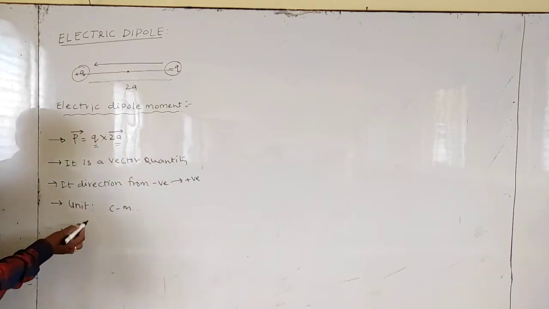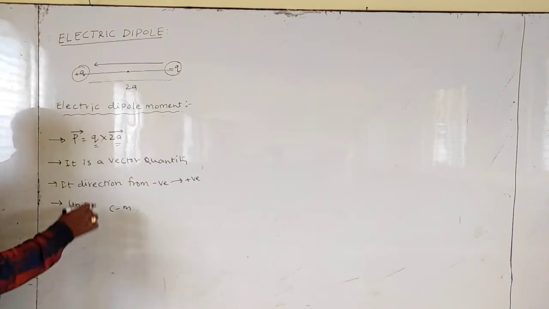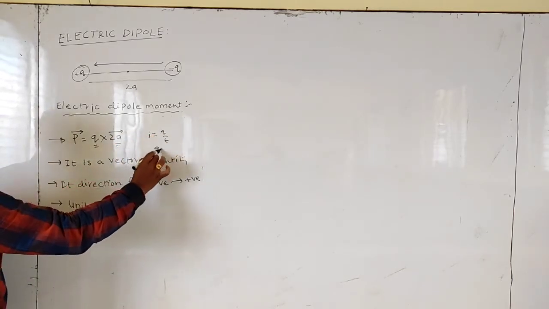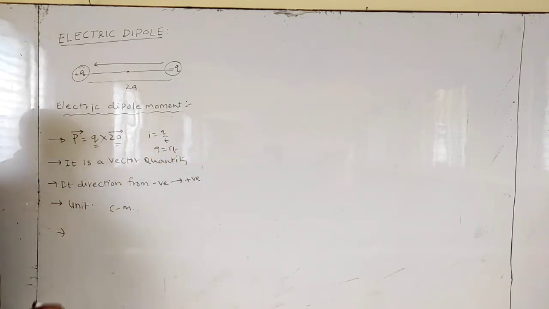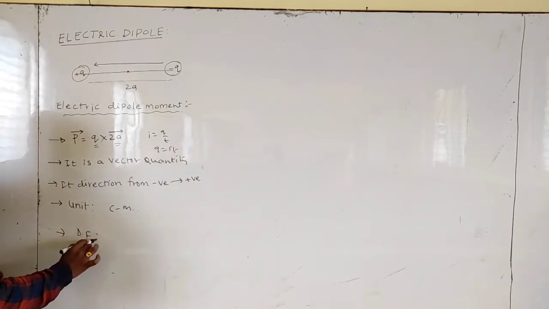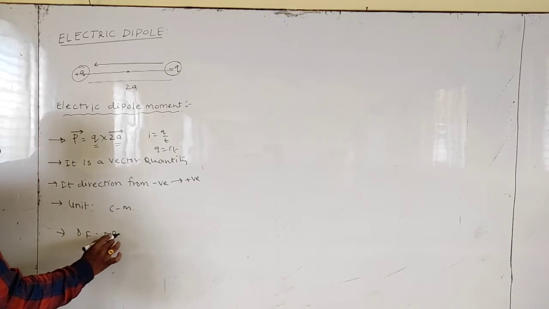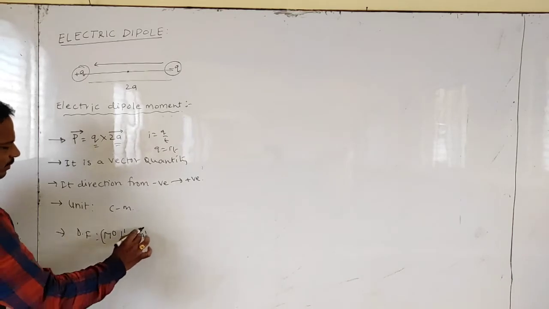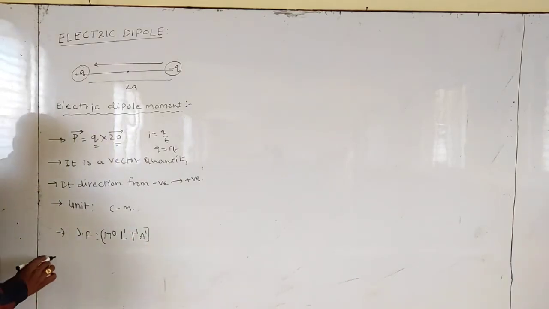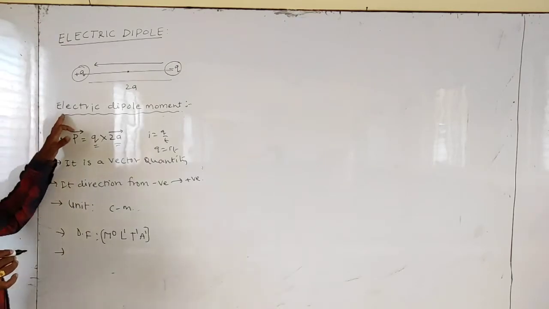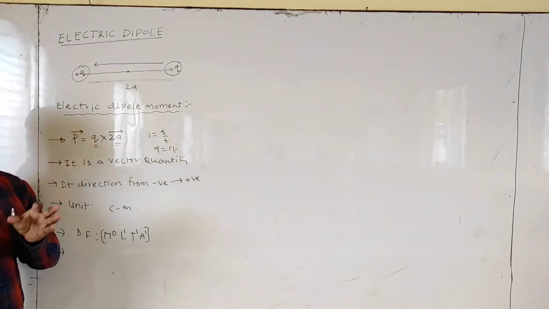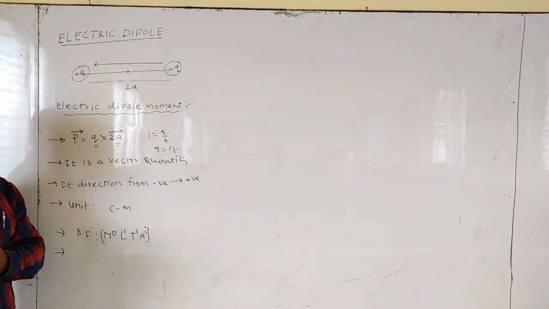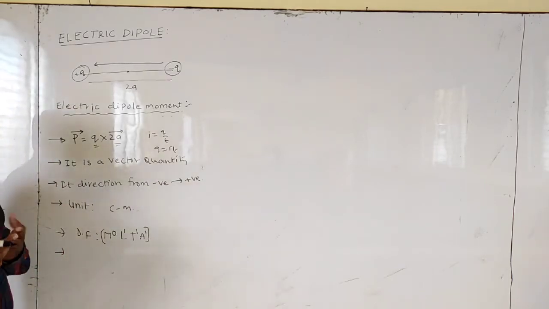The dimension formula we already know: Q equals IT, so the dimension formula is M^0 L^1 T^1 A^1. This represents the strength of the electric dipole, the electric field between the ions or between the atoms. It gives the strength of the electric field.